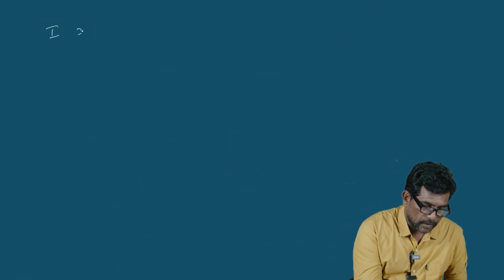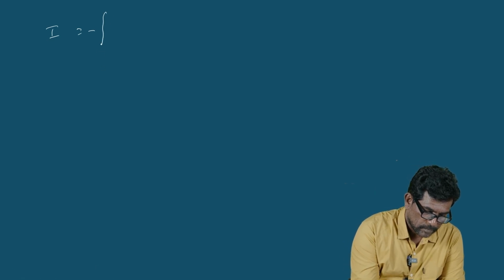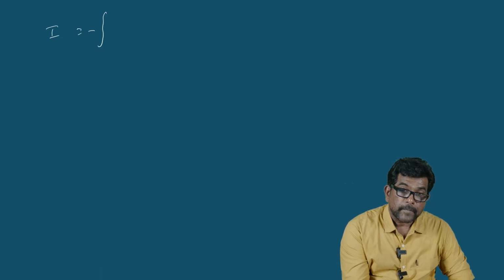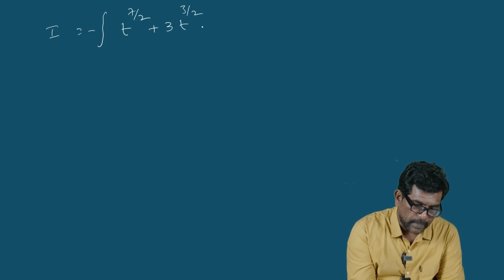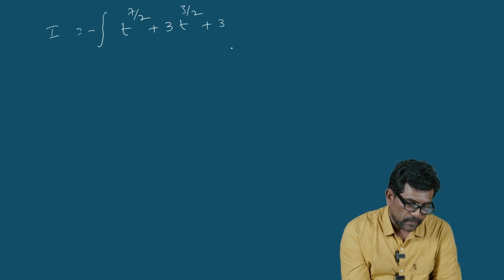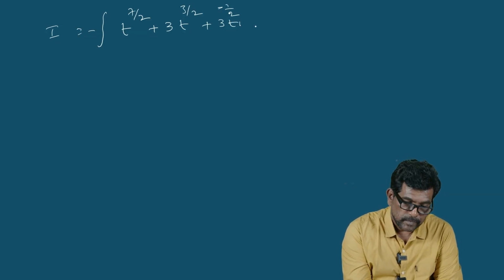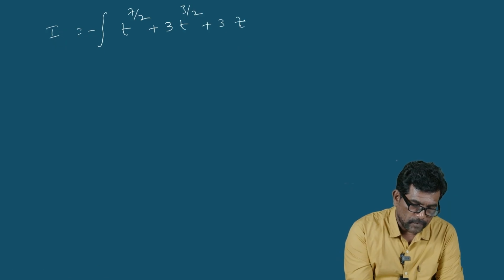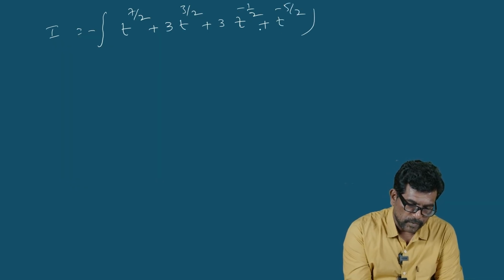That is, I is equal to minus integral t to the power of 7 by 2, plus 3 times t to the power of 3 by 2, plus 3 times t to the power of minus 1 by 2, plus t to the power of minus 5 by 2 dt.